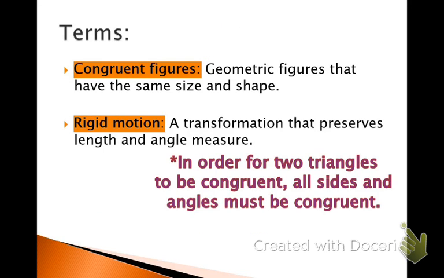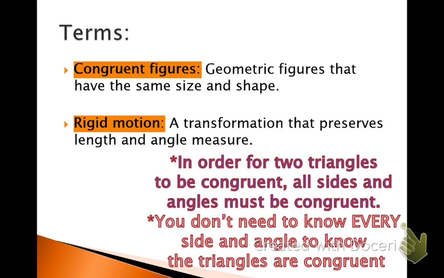In order for two triangles to be congruent, all the sides and all the angles must be congruent. That's what I just showed you. Let's fill in the blank: in order for two triangles to be congruent, all sides and angles must be congruent. This is the whole point of the next 3 lessons.